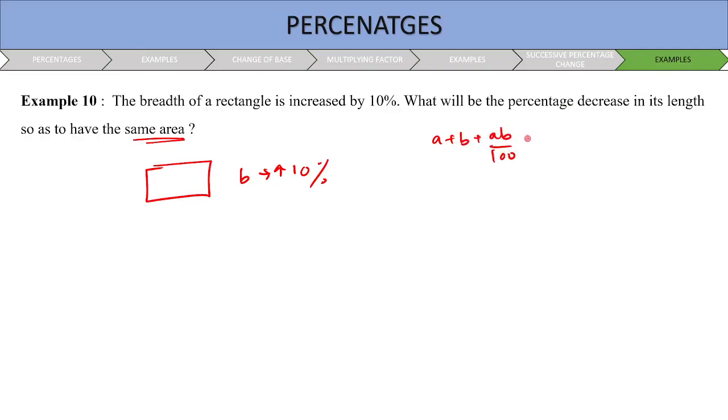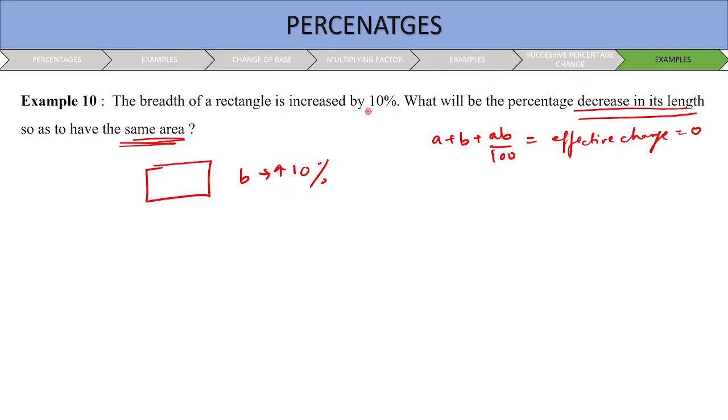They are telling that what will be the percentage decrease in the length so that you should have the same area. That means the effective change is zero. As the area is the same, there is no percentage increase and no percentage decrease. Hence, my area needs to be the same. So my effective change is zero.